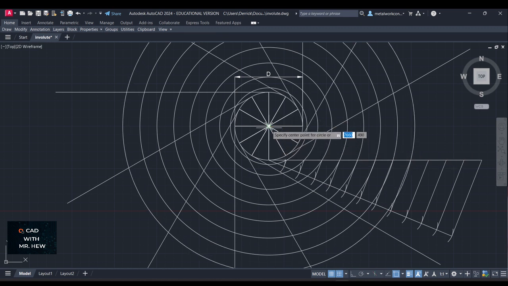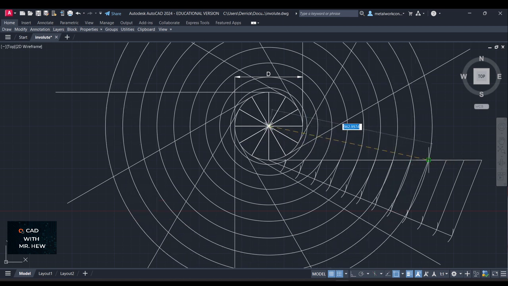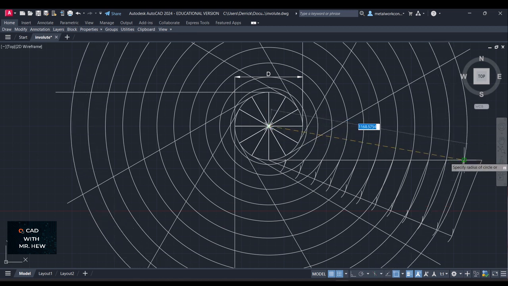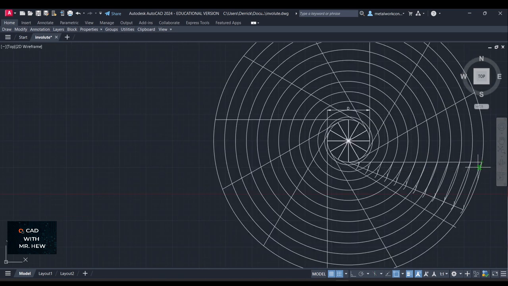We go again, center of the original circle, radius to the end of this line. Center, radius. Center, radius. Center, radius, and that will be the last one, okay?